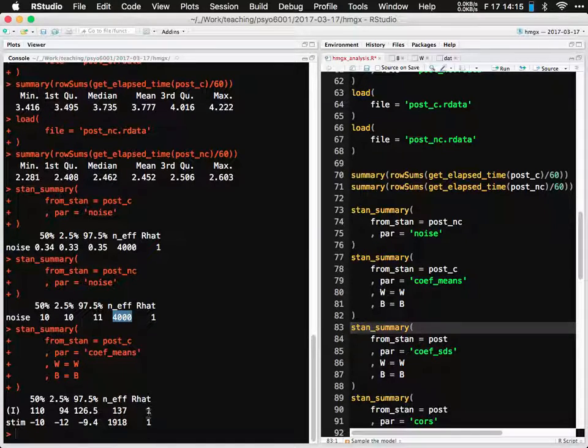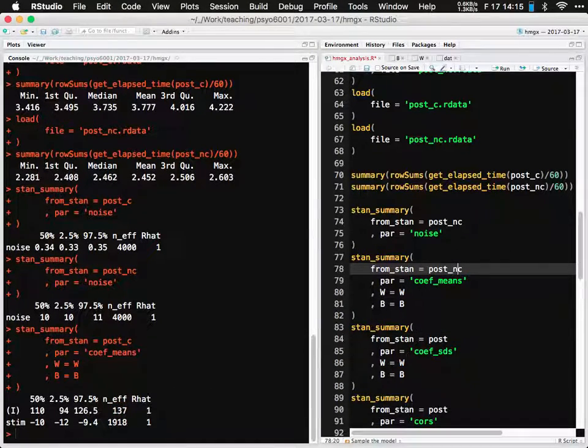R hat conveys whether the different chains came up with different answers, so the chains didn't come up with different answers. It just doesn't sample very effectively in the sense that there's sort of an autocorrelation. There are relationships amongst the samples that it's come up with. I won't go any more into that except to say that that's bad. You generally want a good effective sample size as well as an R hat of 1.